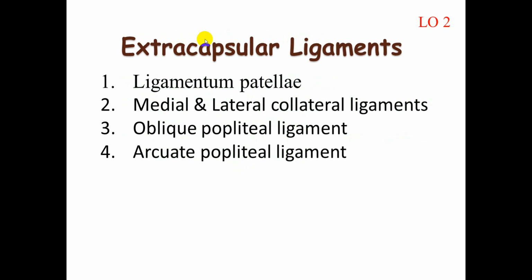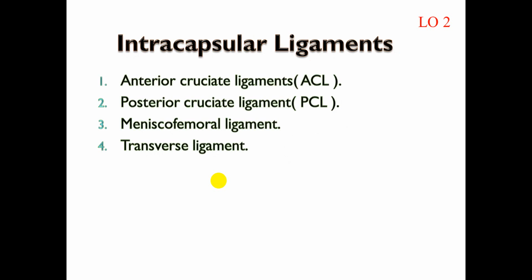Regarding the extracapsular ligaments, we have four: the ligamentum patellae or patellar ligament, medial and lateral collateral, oblique popliteal, and arcuate ligaments. The intracapsular ligaments are also four: anterior cruciate ligament, posterior cruciate ligament, meniscofemoral ligament, and the transverse ligament. These are the main ligaments of the knee joint.